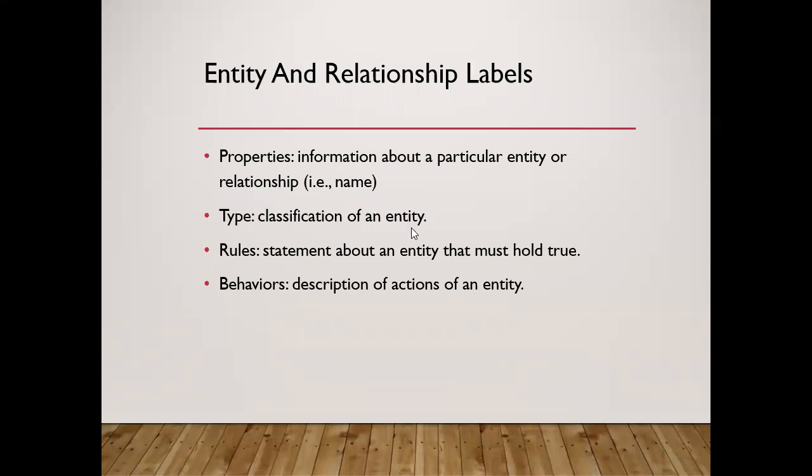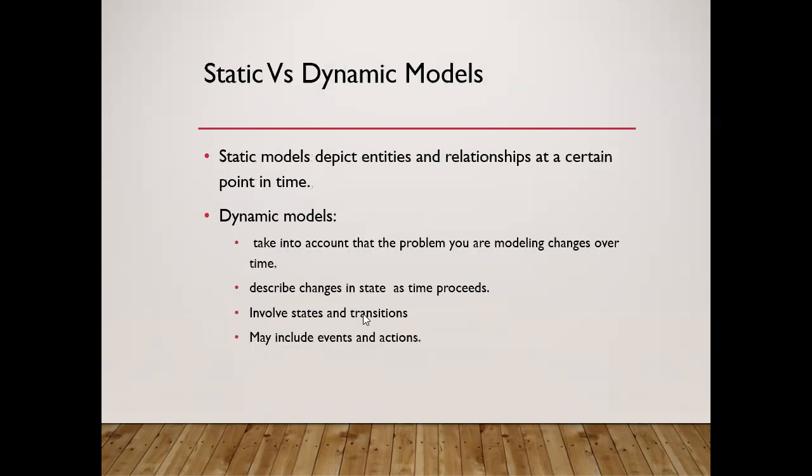On the other hand, there's some other things that we store. We store the types of data. Student number is a number. Student name is going to be a string. And any rules that we have about how those relationships work. Okay, so these slides are going longer than I thought.